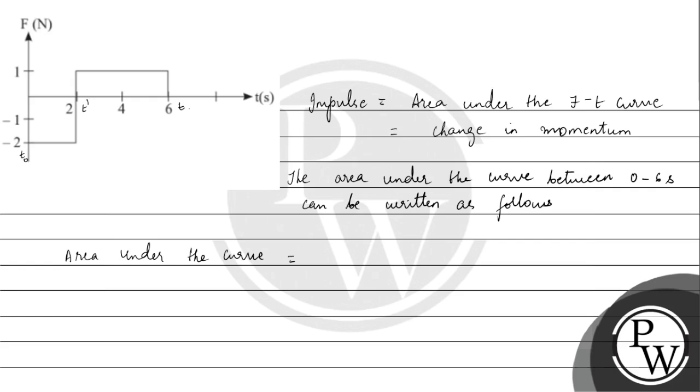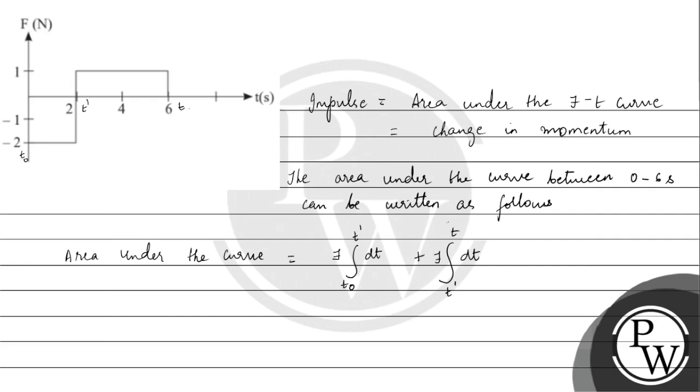So this is nothing but the force into integral dt between t naught and t prime, and we will add it with the area under the curve, which is force into integral of t prime से t dt.